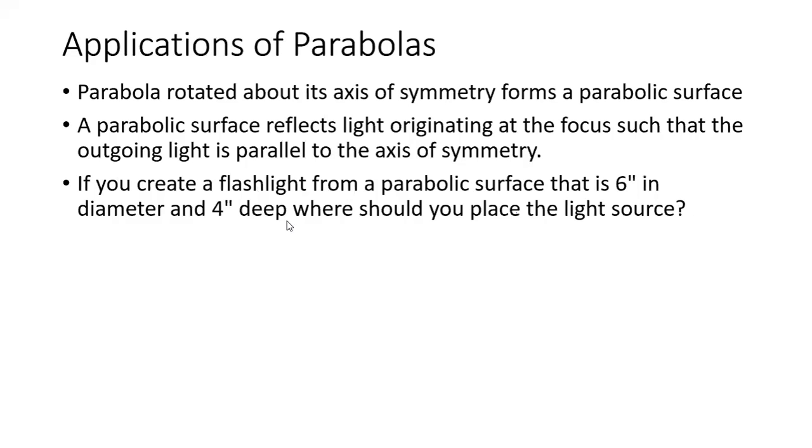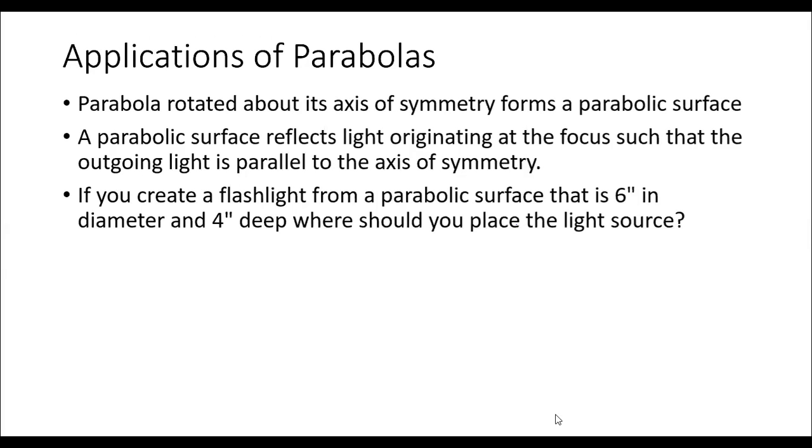Okay, so if you create a flashlight from a parabolic surface that is 6 inches in diameter and 4 inches deep, where should you place the light source? Okay, I always draw a picture. Some people can do this without, but I'm going to draw a picture. We have a parabolic surface like this.